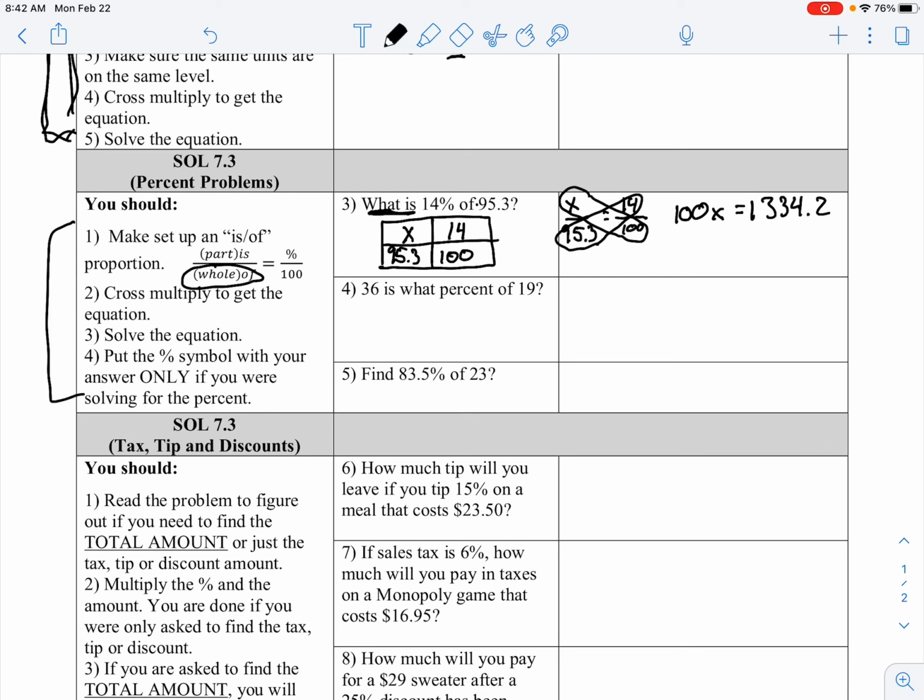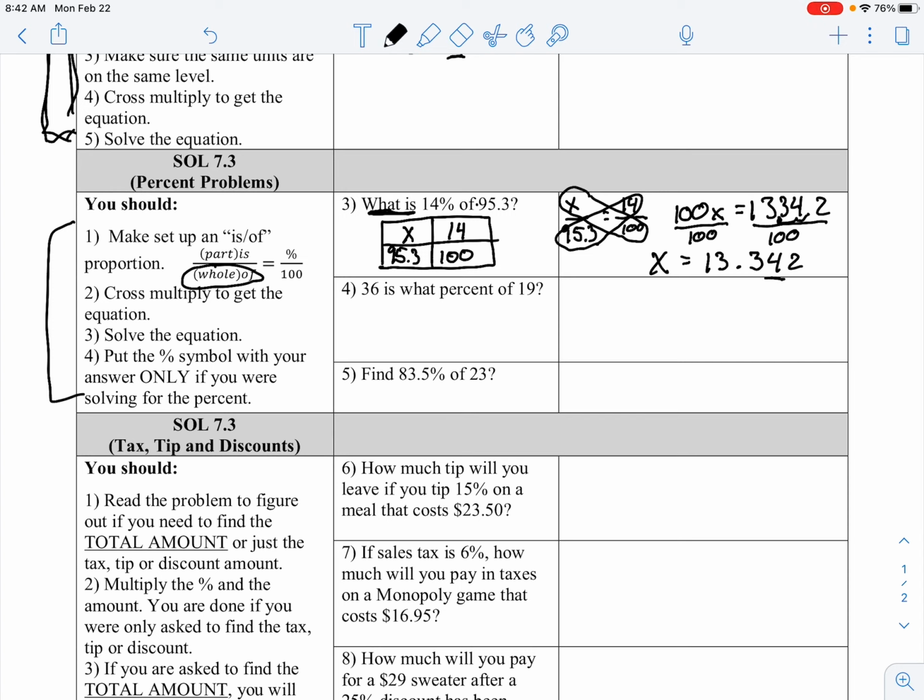And now all we have to do is solve that one-step equation. Divide by 100, divide by 100 to get my x by itself, and x is equal to, so here's our shortcut. Remember, dividing by 100, we just move our decimal twice to the left. So 13.342.